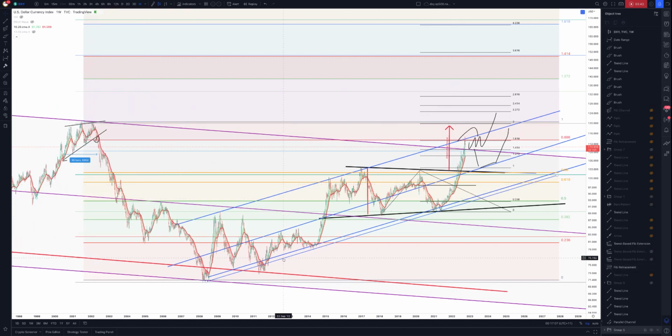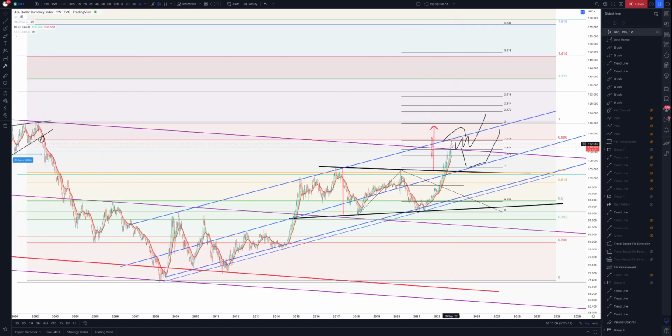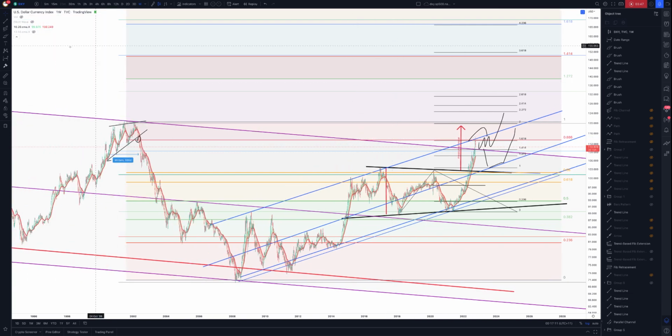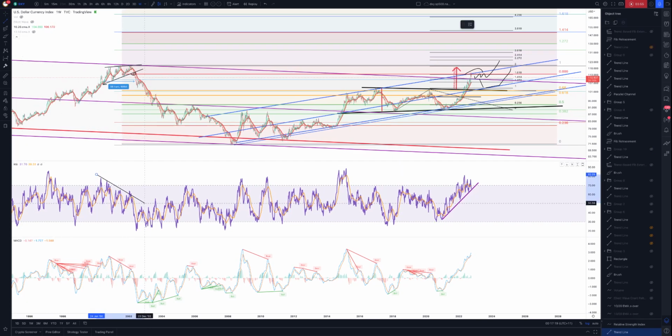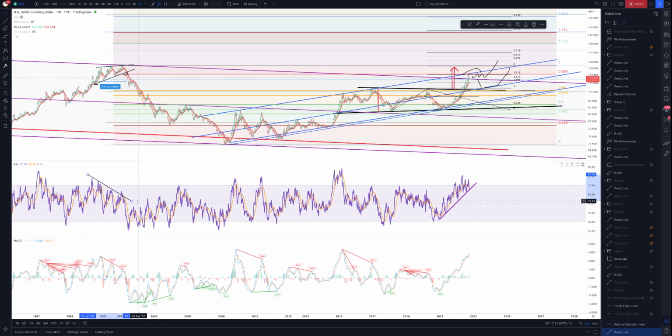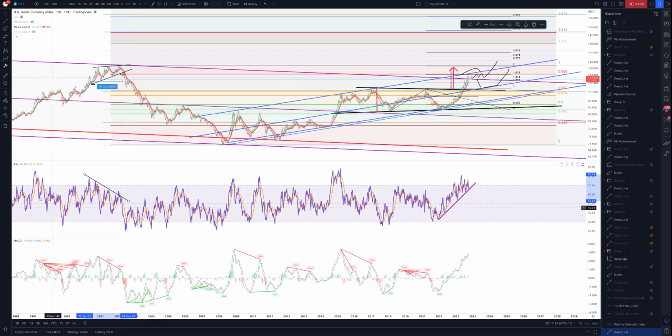Okay, so this rising channel, and we hit the top, and if we look compared to this with the RSI or the MACD, you can see bearish divergence that took 2 years to play out. So that's not going to be an easy wait, is it? 2 years to play out, far out.